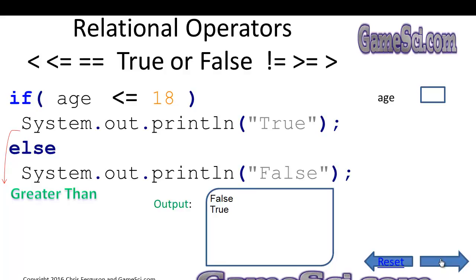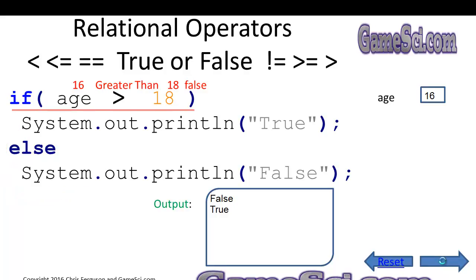Let's try it again with a different relational operator, this time the greater than. We'll also change the value of the age variable. This time it's going to be 16. With a current value of 16 in the age variable, when this code executes, 16 greater than 18 is a false statement. It is not true that 16 is greater than 18.